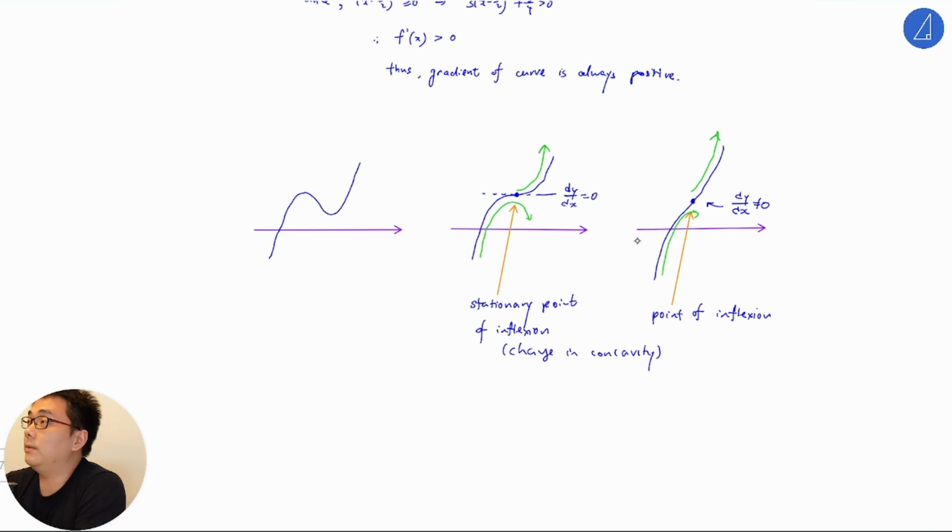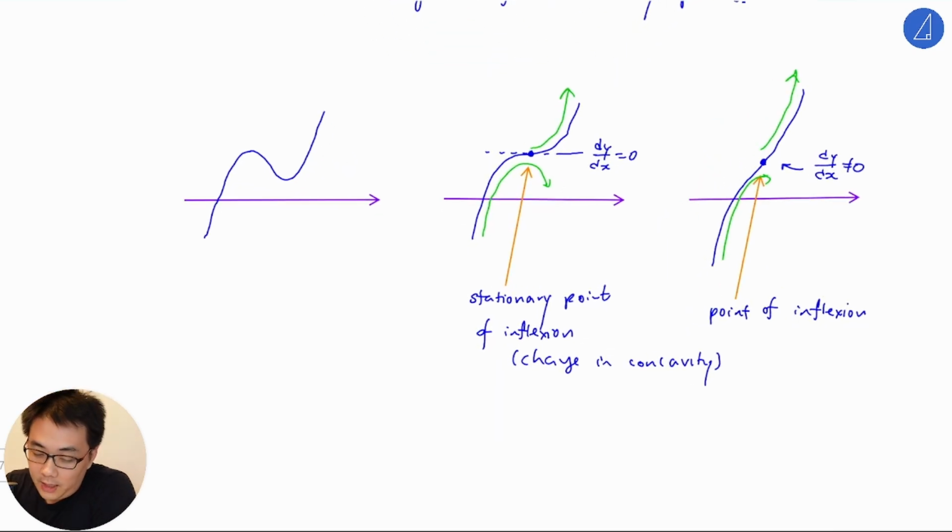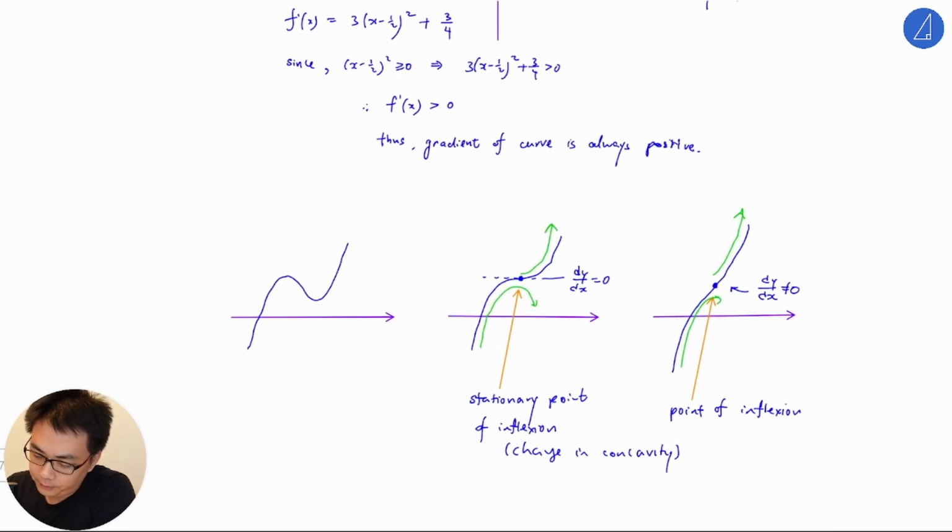So for cubic function, you will change the concavity at the point of inflection. But there's only one which is called stationary point of inflection, is when this value here is dy/dx equals to 0. This one obviously, so if our f prime x is always positive, which case you're looking at?